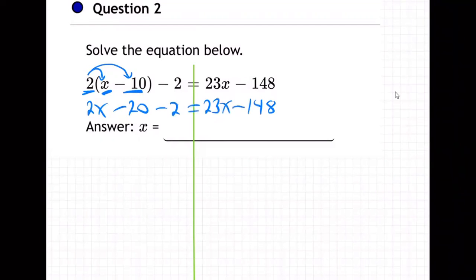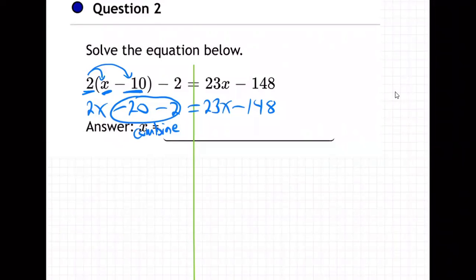Okay, so we get to here. Now these two, we're going to combine, because they're just numbers. You can just use your calculator or you can do it by hand. Remember, when you're adding and subtracting, I always just think about money, not for multiplying or dividing. For multiplying or dividing, two negatives make a positive.